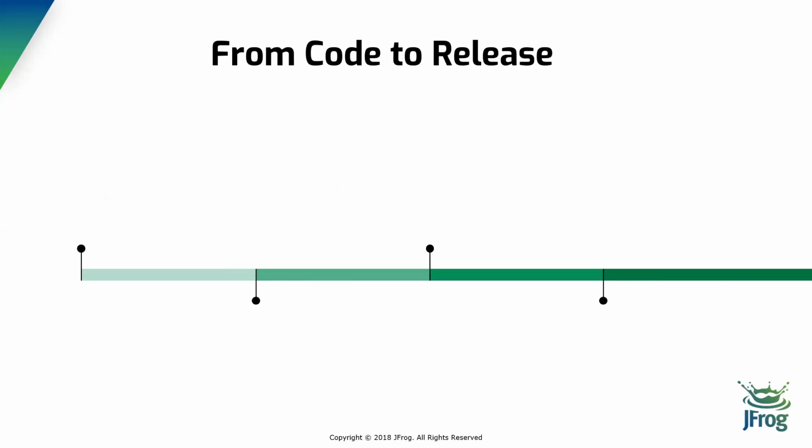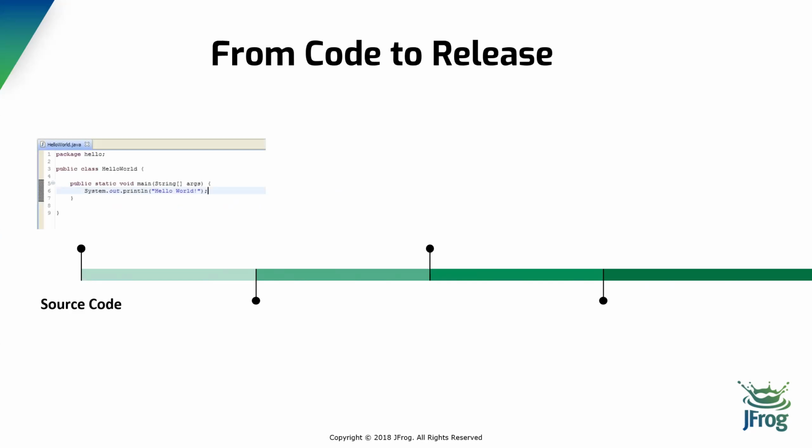Just to introduce that, we'll go over the process to release your binary. You will start by writing some code for your project. Could be any kind of project, .NET or Java or JavaScript, whatever. And mostly in your project, you won't write all the code.